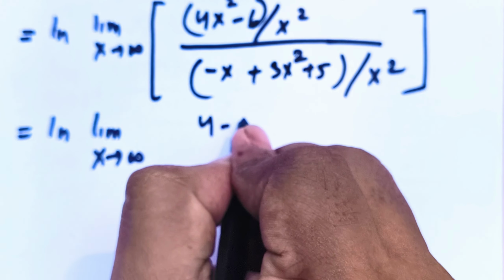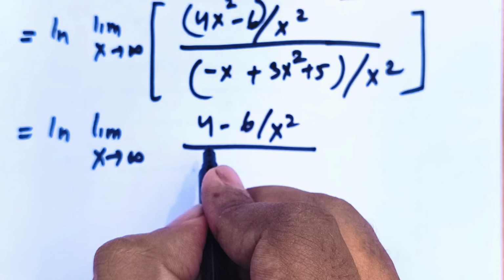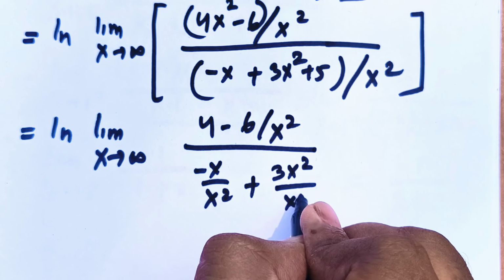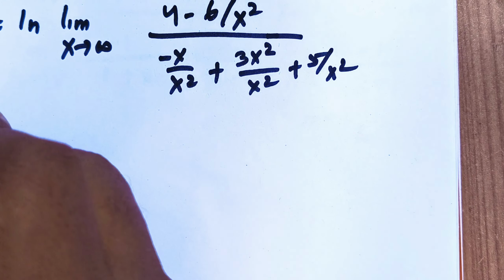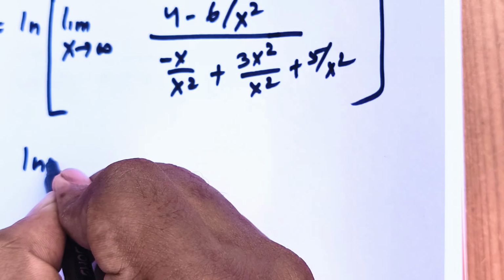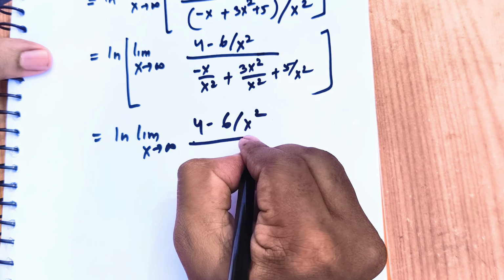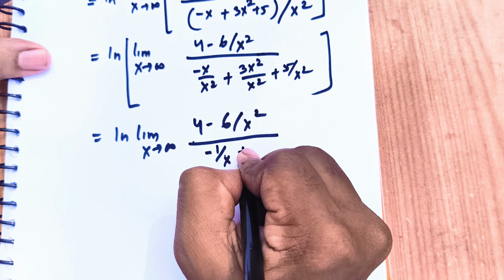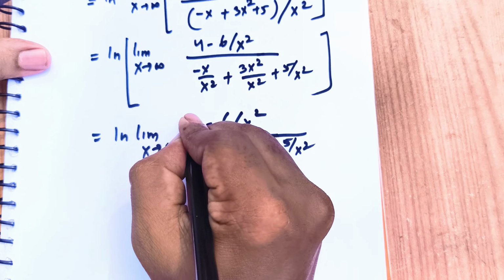So this becomes 4 minus 6 over x square. We are dividing x square with each term. So minus x over x square plus 3x square over x square plus 5 over x square. This is our limit. So what does it become? At the bottom we have minus 1 over x, this is 3 plus 5 over x square.